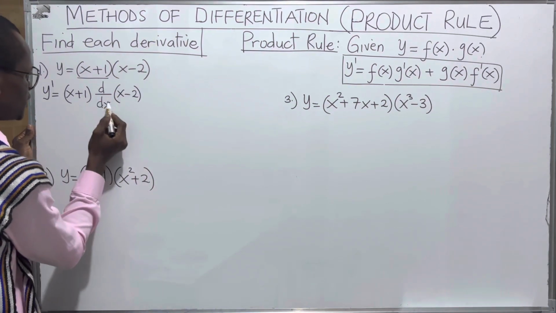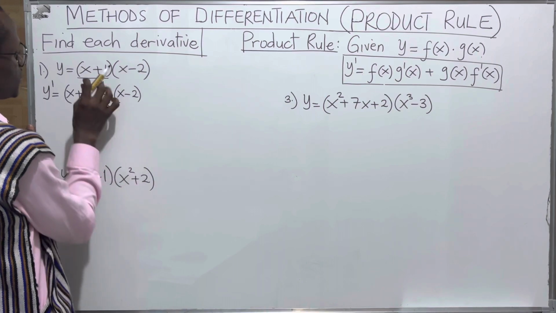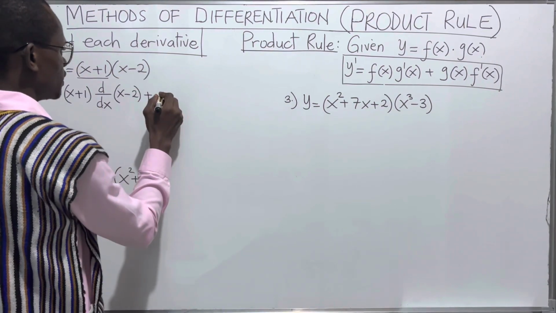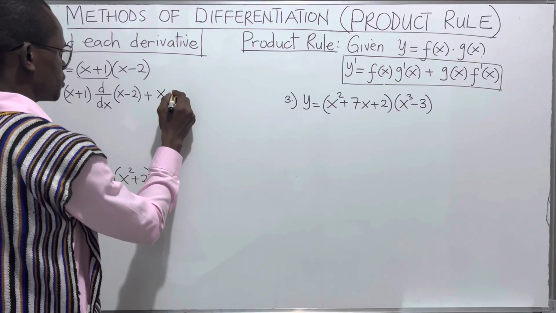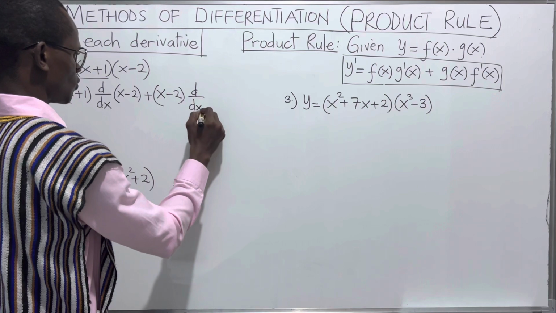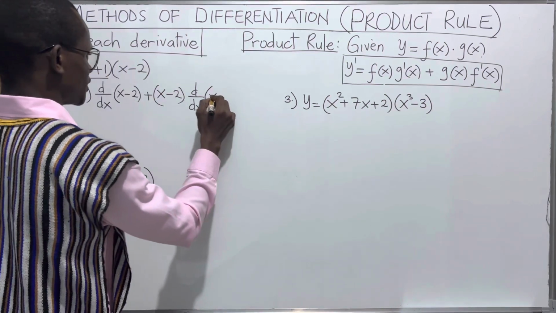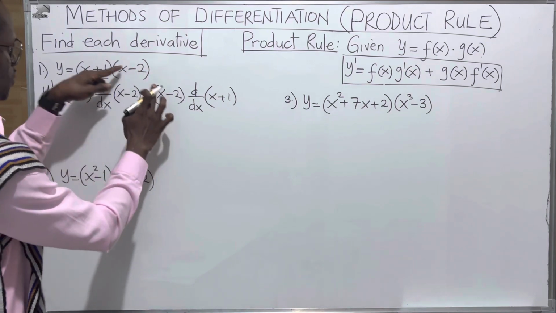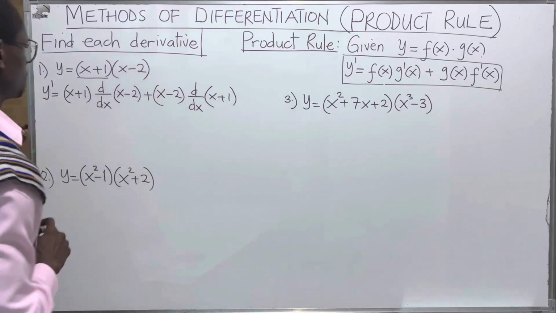This indicates that we must differentiate this one. Plus, we write the second factor, x minus 2, then d by dx of the first one, x plus 1. So we hold this one and differentiate the first one.